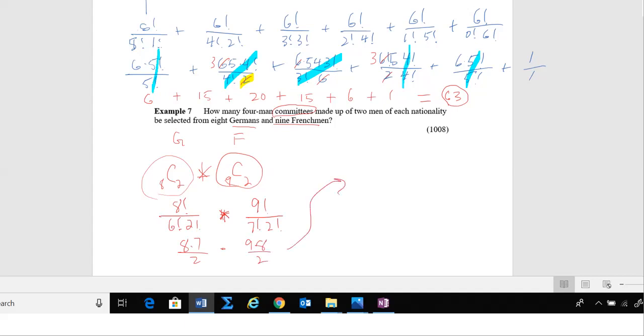That's going to give us 4 times 7 times 9 times 8, 4 times 9. All right, that's where I stop, and I reach for my calculator. I got 1008, like that. Okay, so that's it.